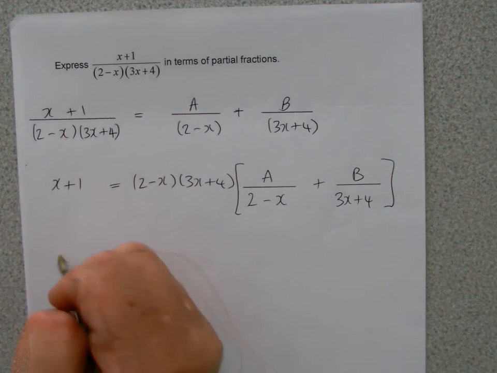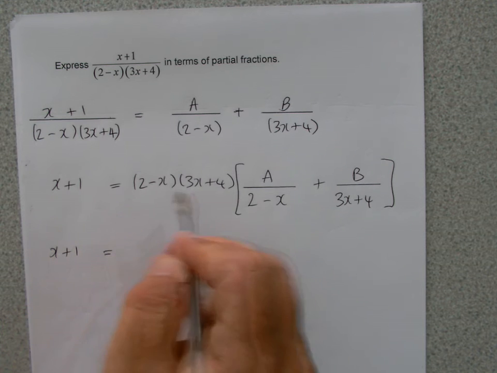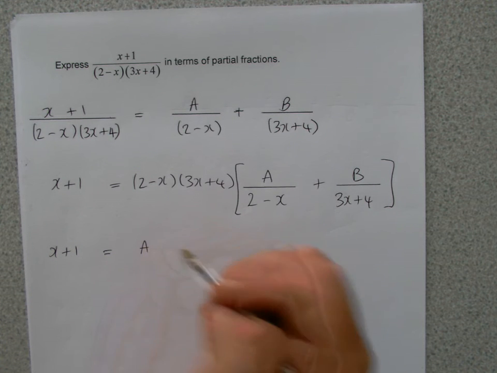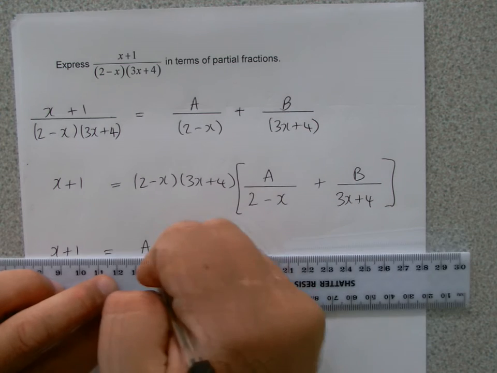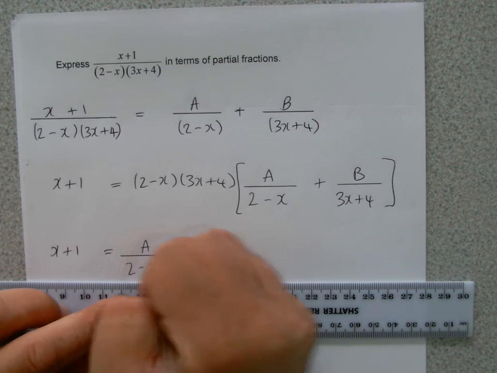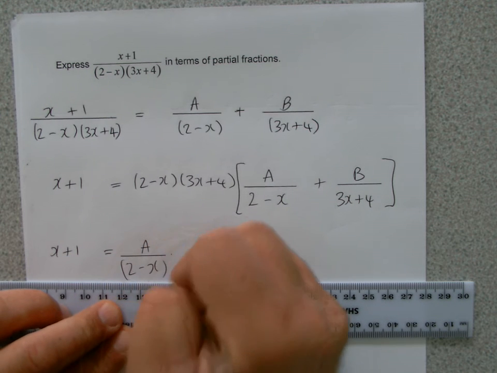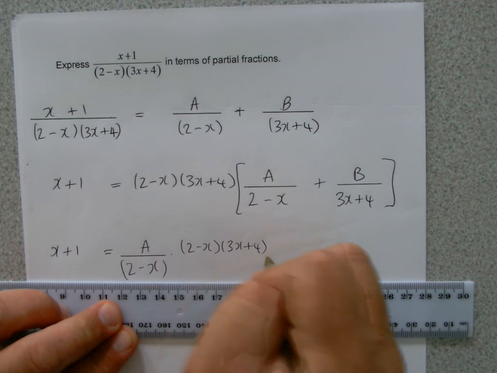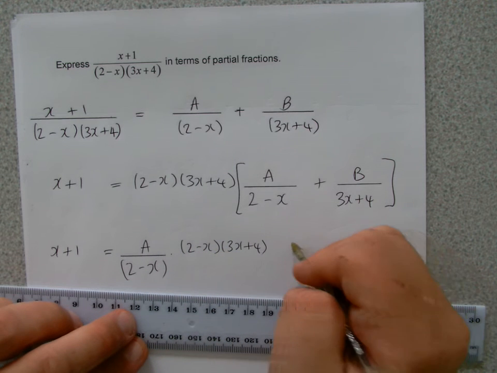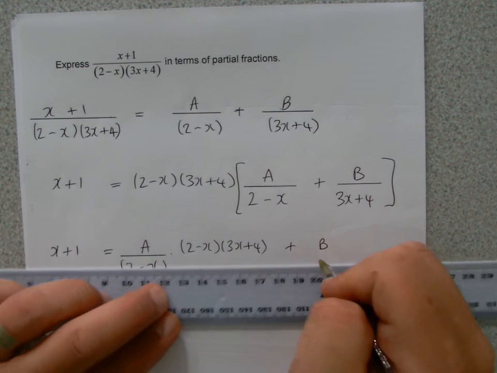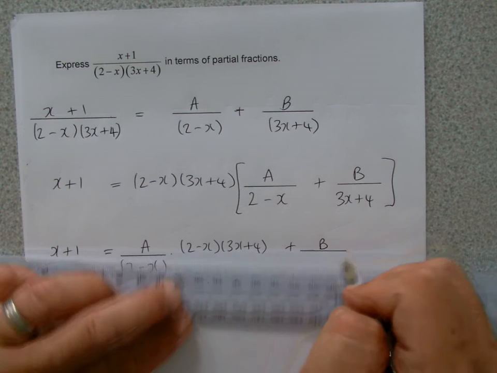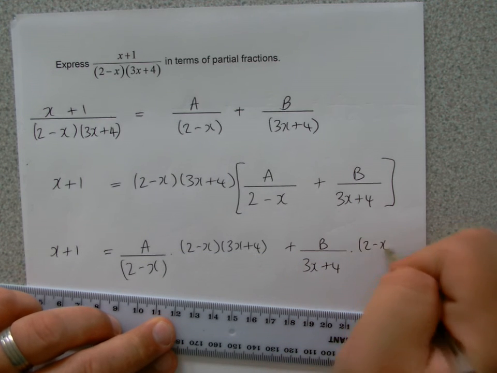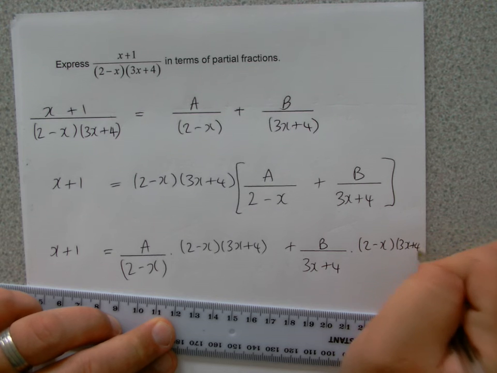Okay, so then we'll multiply through by these two brackets here. So we end up having A over 2 minus x, multiplied by 2 minus x, 3x plus 4, plus then B over 3x plus 4, multiplied then by 2 minus x, 3x plus 4.